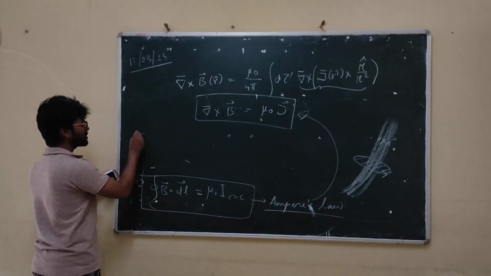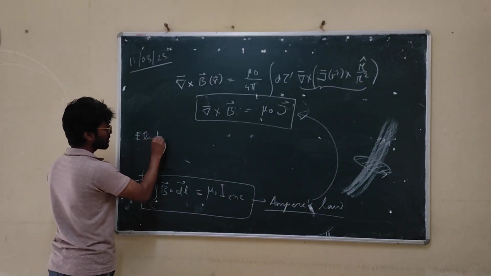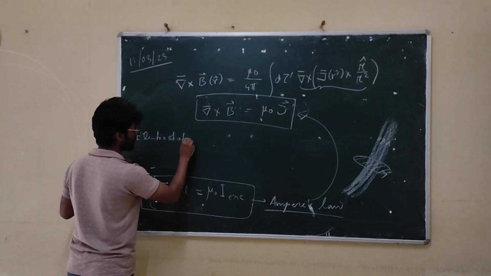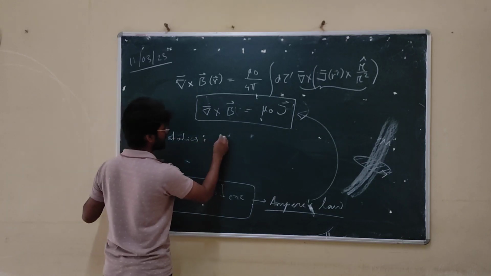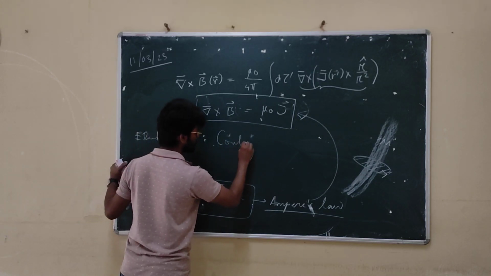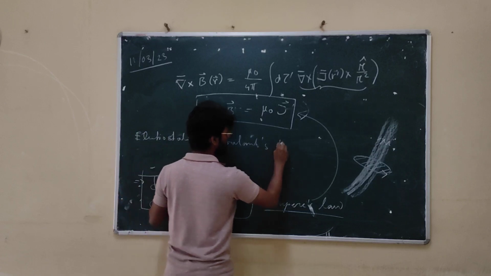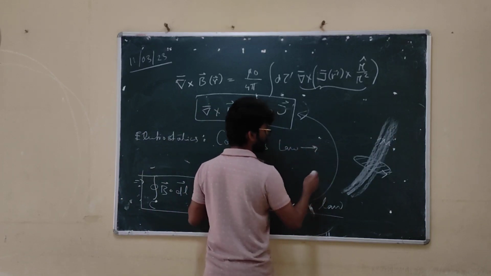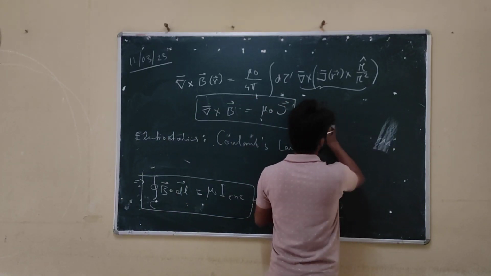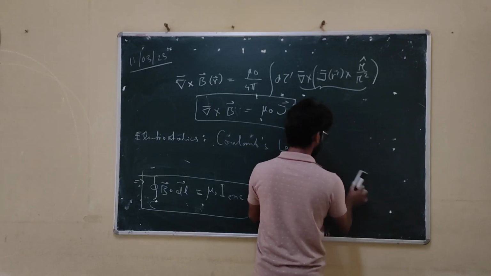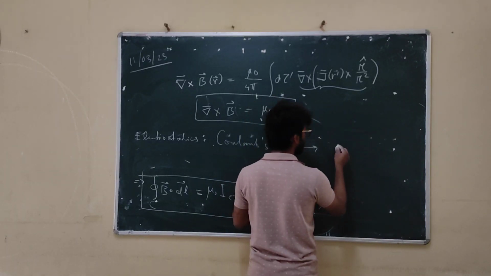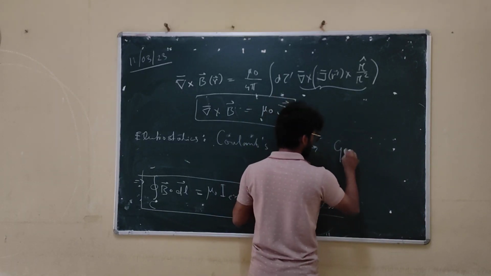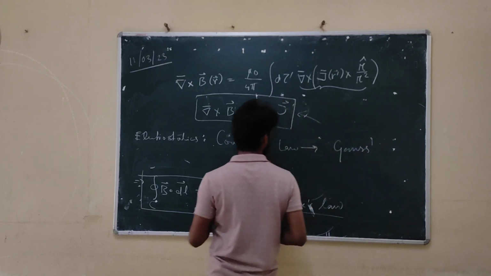So if you have electrostatics, that is Coulomb's law, and that corresponds to divergence of electric field, and gives you Gauss law.